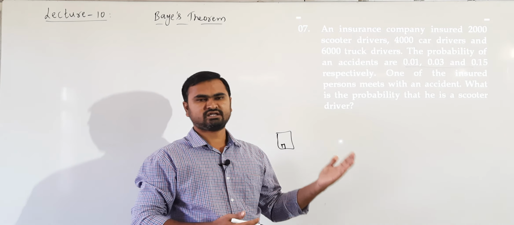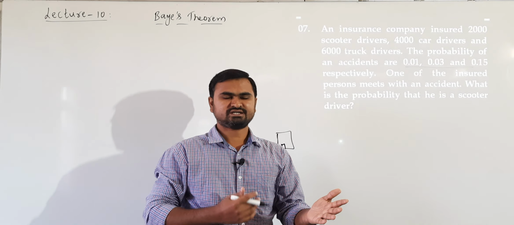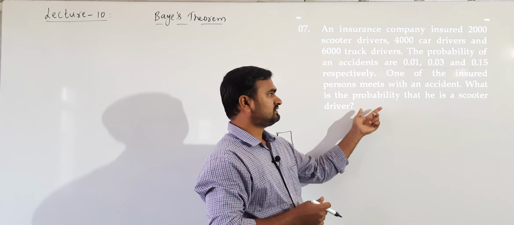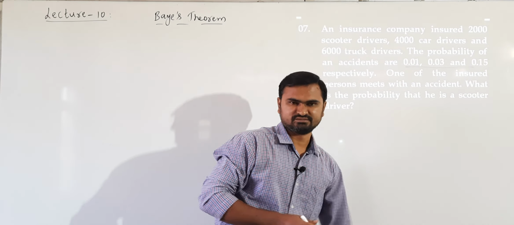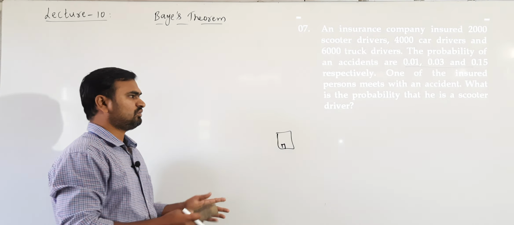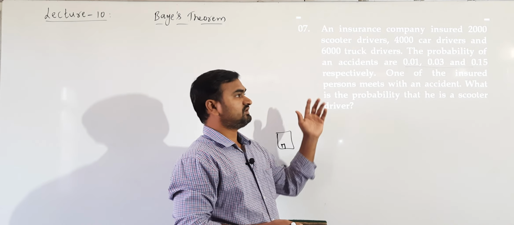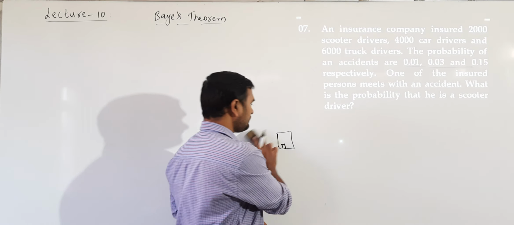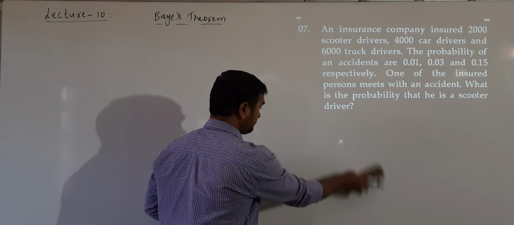We already know that the driver met with an accident. Now what is the chance that he is a scooter driver? That is applying the Bayes theorem, right? So first you have to decide what formula we are going to apply when solving the problem based on probabilities.